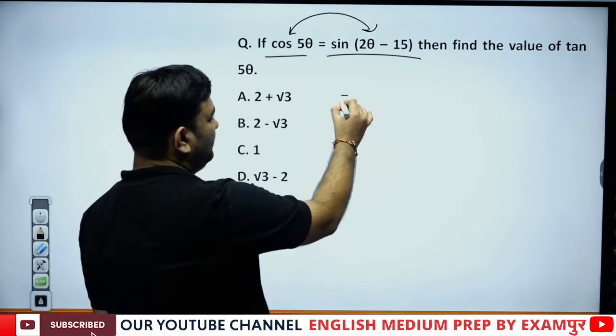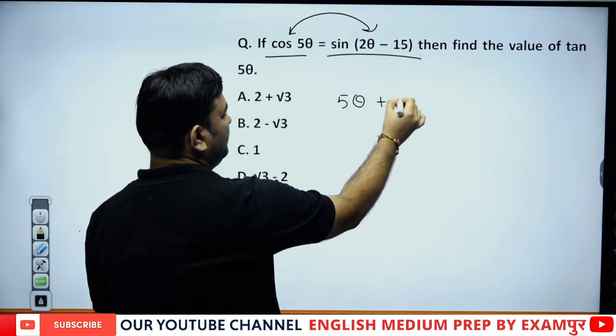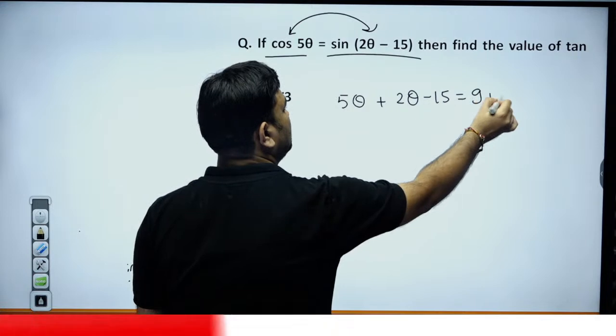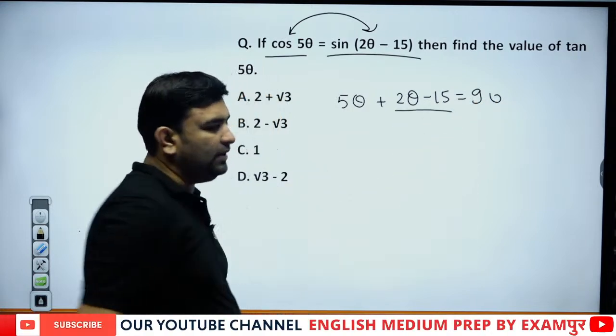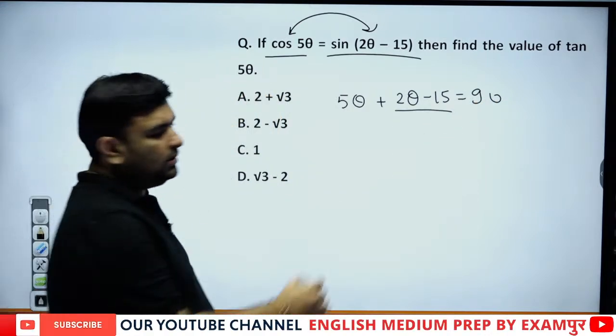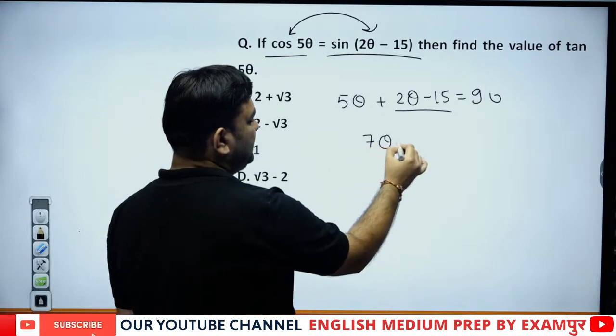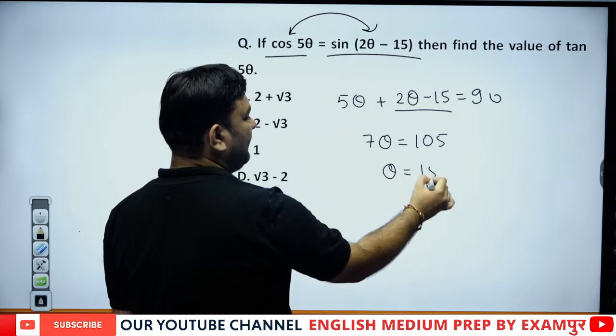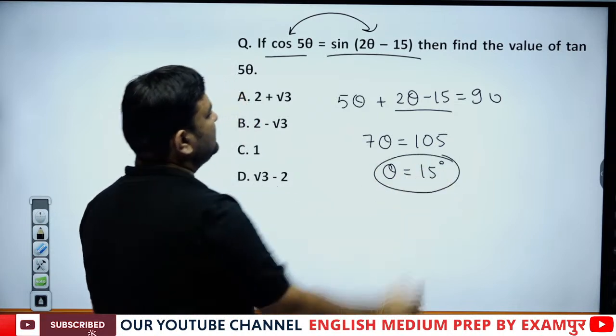So can I say the sum of these two should be 90 degrees. So 7 theta is equal to 105. Theta is 15.